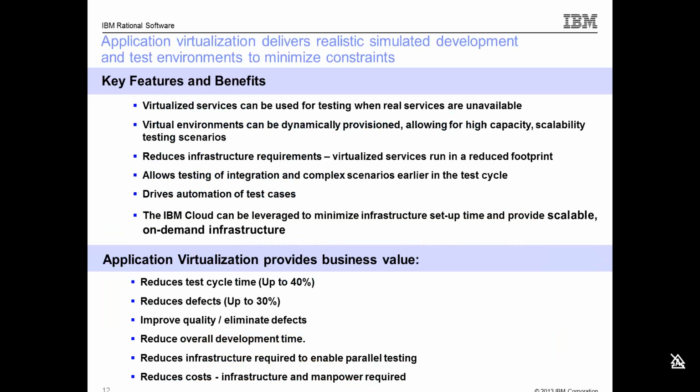So the key features and benefits of application virtualization are that virtualized services can be used when real services are unavailable, are scarce, or when you need your backend systems to be dynamic in nature, you need a lot of configuration changes that probably would take time to do on an actual backend system.